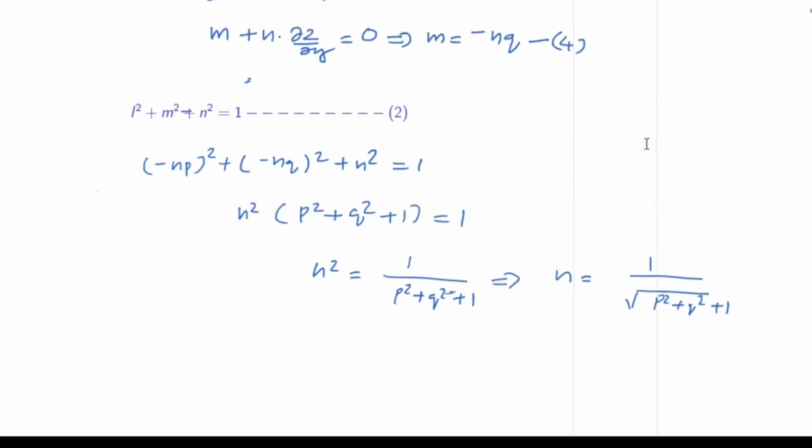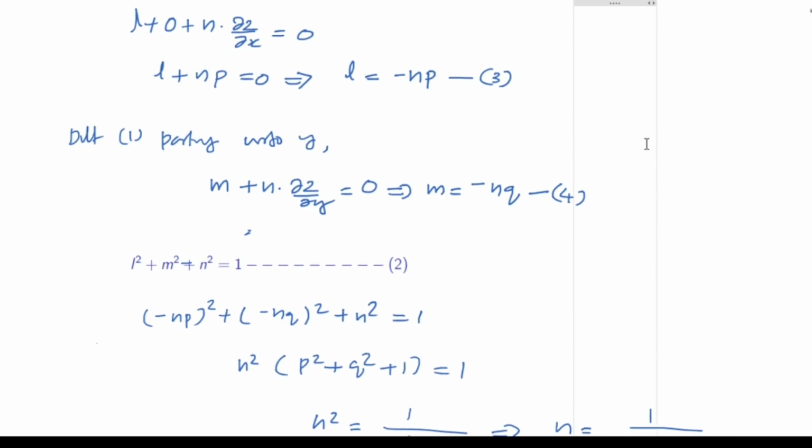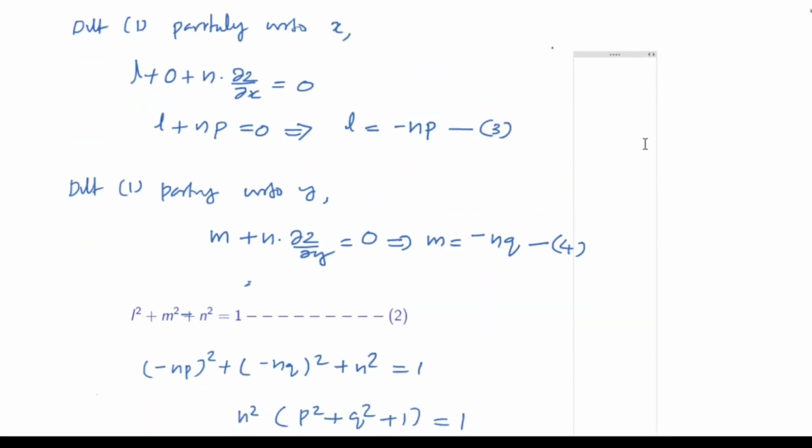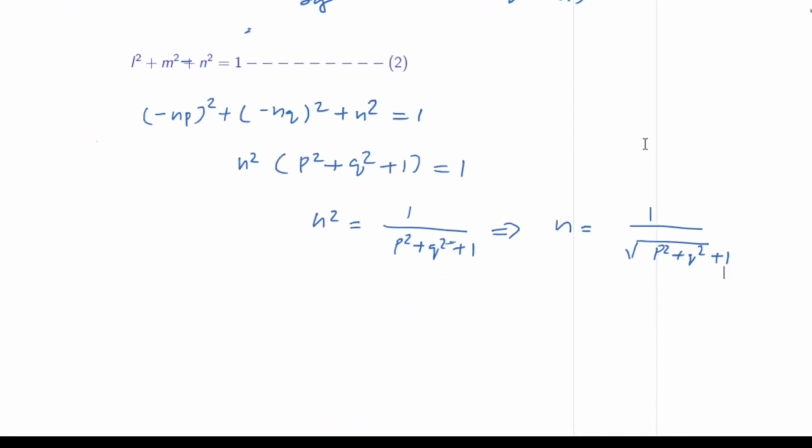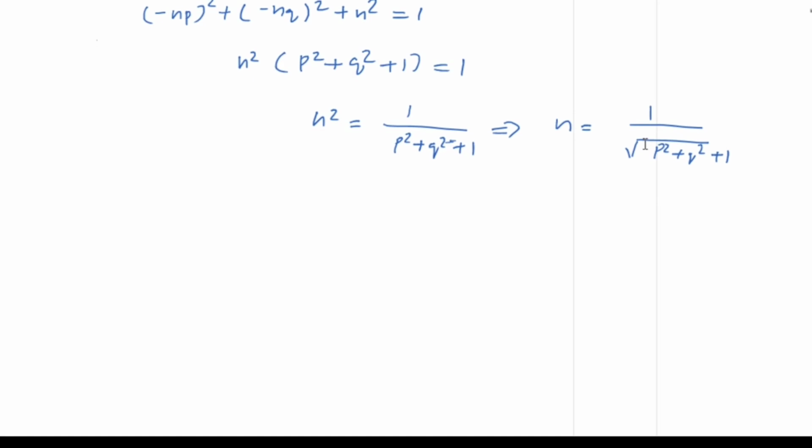So we get m = -nq, L = -np, and n in terms of p² + q² + 1. So we get all arbitrary constants in terms of partial derivatives. That is, L = -np, m = -nq and n = 1/√(p² + q² + 1).